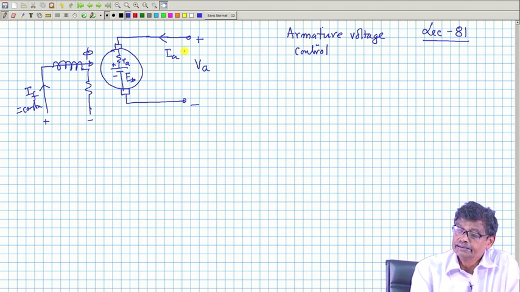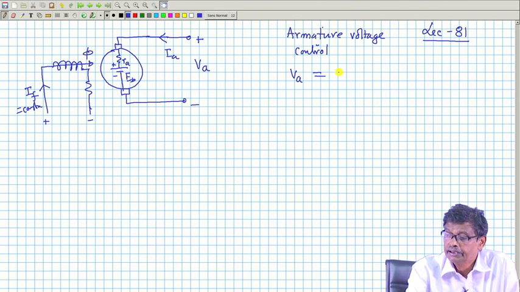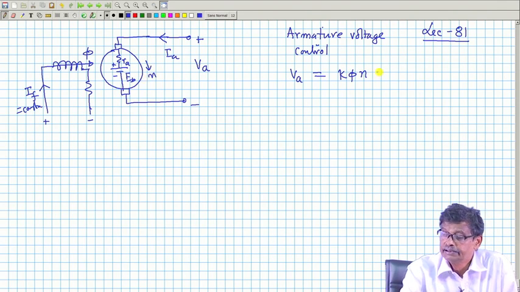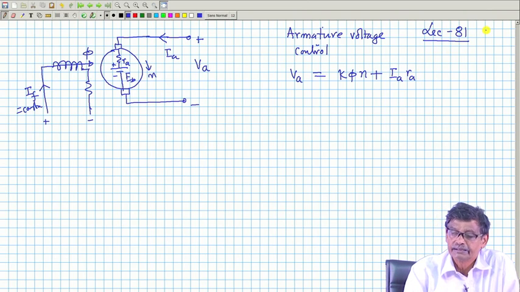Once again, then, the KVL equation in the armature circuit: V A equals K phi n, where the speed of the machine is n, running at steady state, plus I A R A, no R external connected.